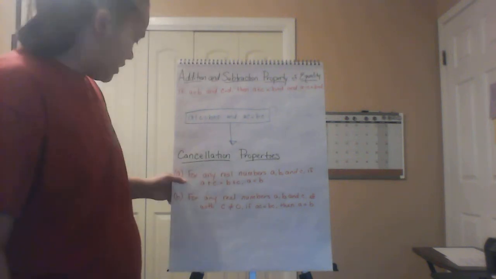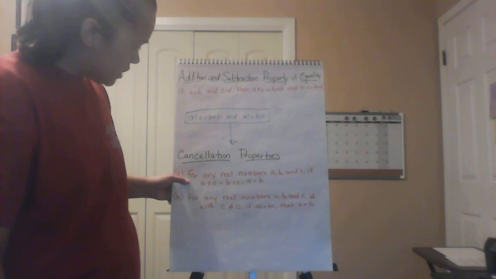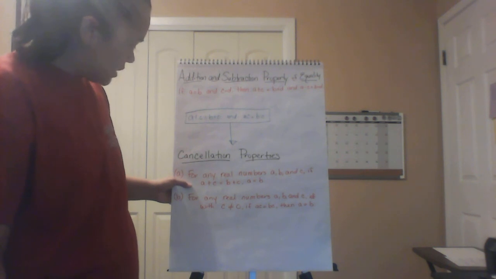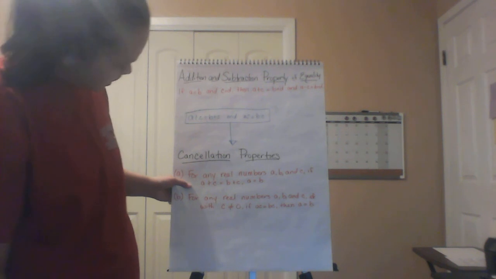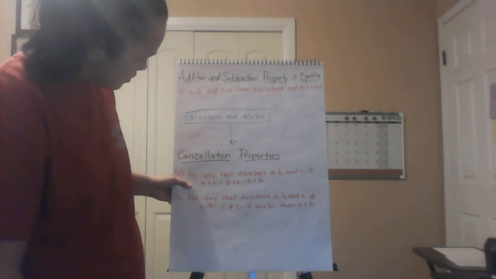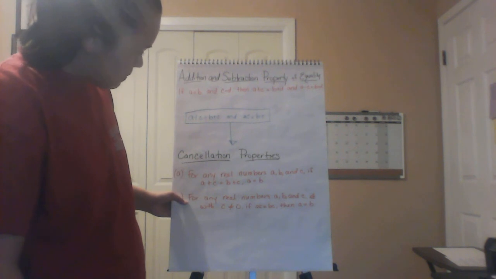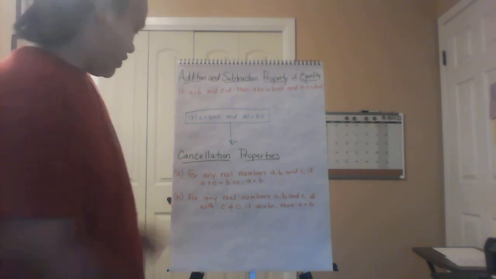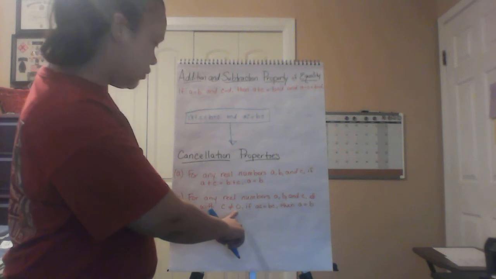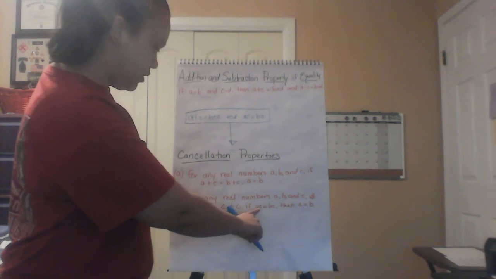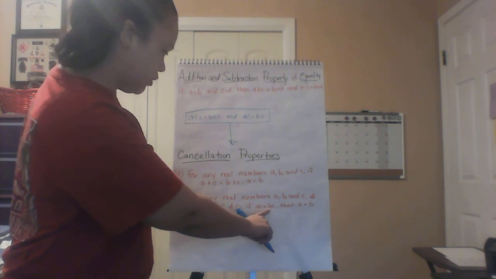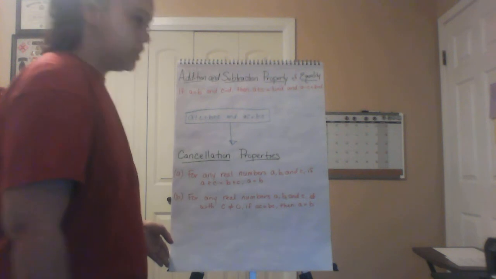And this just tells us that for any real numbers A, B, and C, if A plus C equals B plus C, then A equals B. And for any real numbers A, B, and C with C not equaling 0, if AC equals BC, then A equals B.